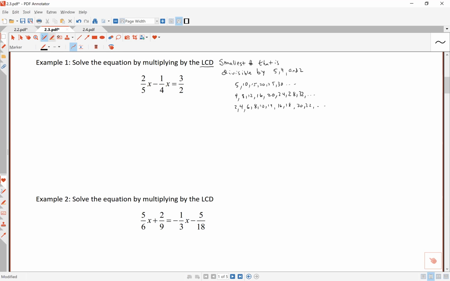When you look at the 3 lists, you see that 20 is the smallest number common to all of them. The smallest number that is divisible by 5, 4, and 2 is 20. That's because if you take 20 and divide by 5, you get 4. 20 divided by 4 is 5, and 20 divided by 2 is 10. So we're going to use the multiplication property and multiply every one of these pieces by 20.